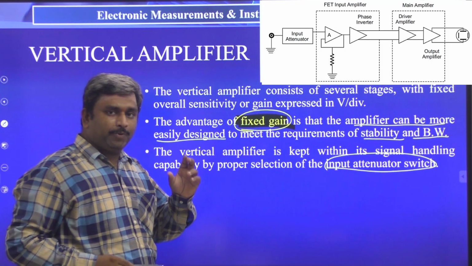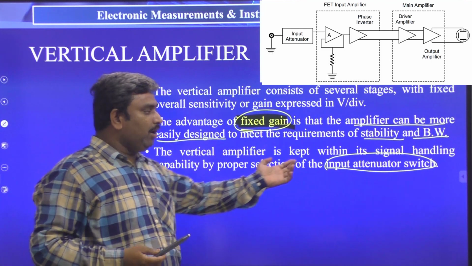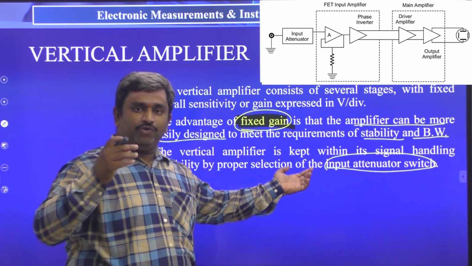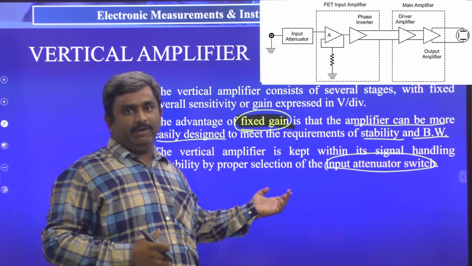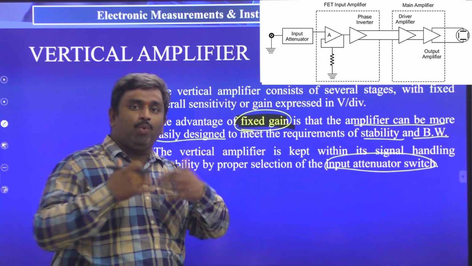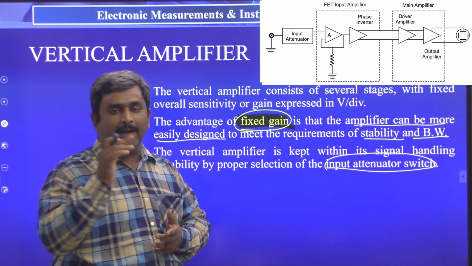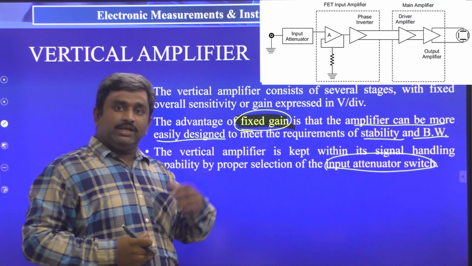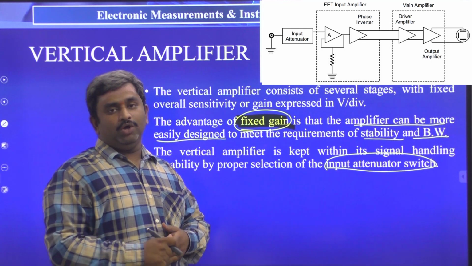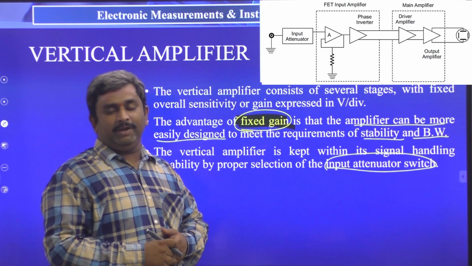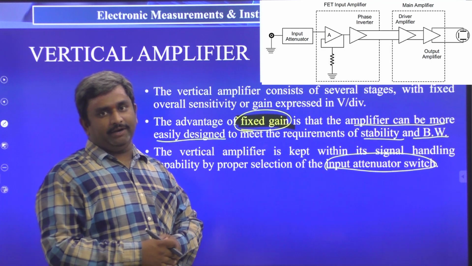If you select the proper input attenuation, that is if you keep 10 dB, 20 dB, or 40 dB, then you can get the required amplitude signal. For example, if your signal amplitude is 50 millivolts, then you have to use the 40 dB switch in your CRO. If you select 20 dB or 10 dB, the minimum voltage you will get is nearly 70 millivolts to 100 millivolts.